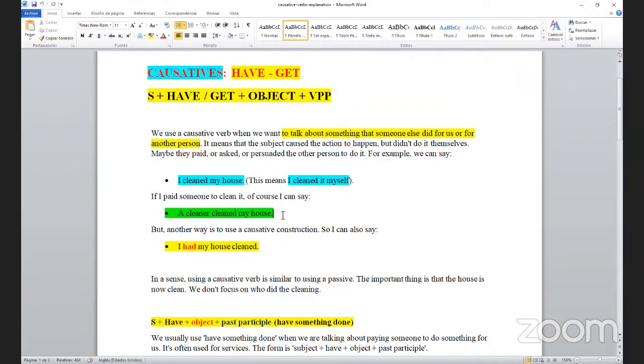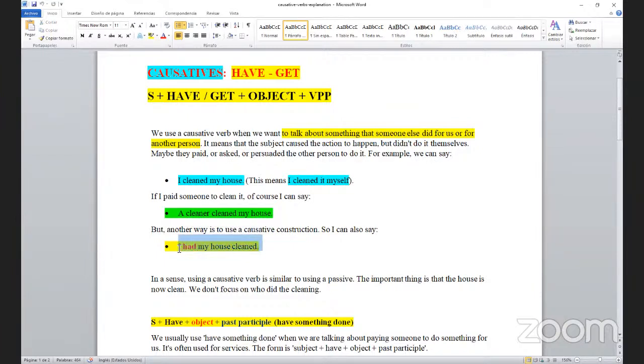But what happens if I want to say that another person did this action, but I don't want to say who did it? When I don't want to say, I will use these causatives. I had, first, what? The noun, the object, my house. And what is the verb? What was the action? I had my house cleaned.